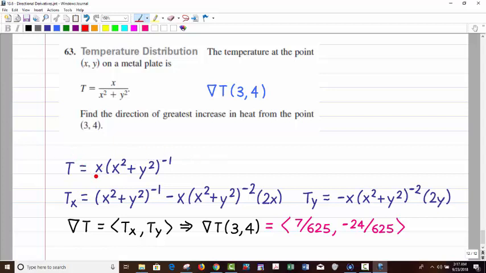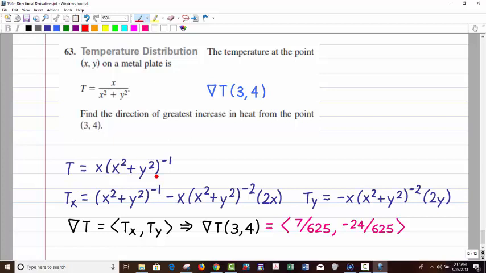So the derivative of x is 1. So f prime g would just leave me this part right here, minus the f, which is x, and then now I take the derivative of this. I bring down negative 1, so the product rule is normally positive there, but the negative 1 now makes it negative. I reduce that to negative 2, and then I take the derivative of the inside with respect to x, and that will be 2x.